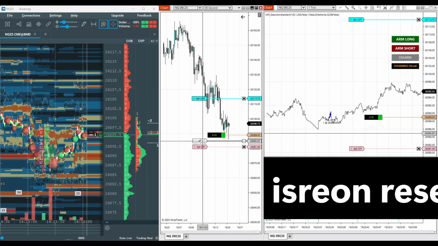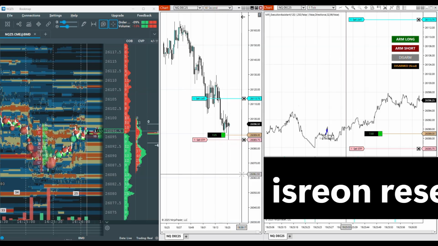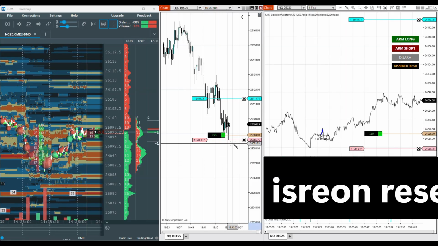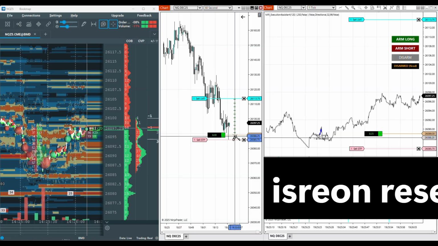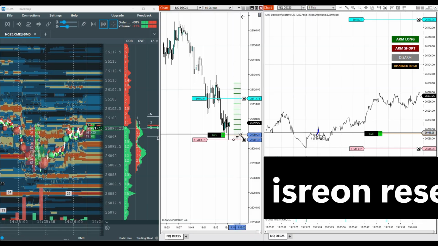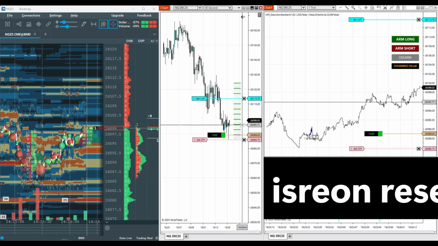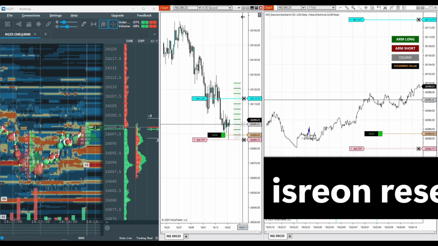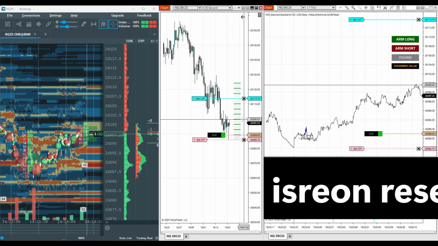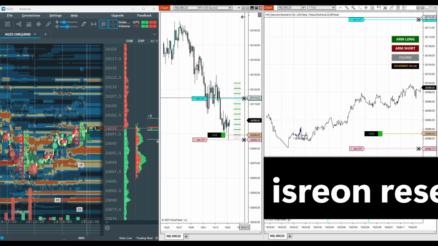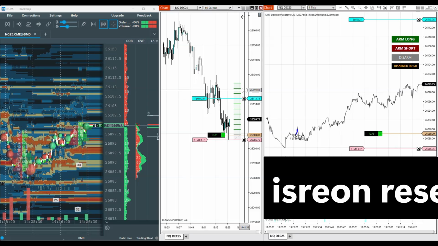So let's say our stop was behind there. Can measure how far this is going to go. So that's already gone 2 to 1. 3 to 1's there. 4, 5, 6, 7, 8, 9, 10.